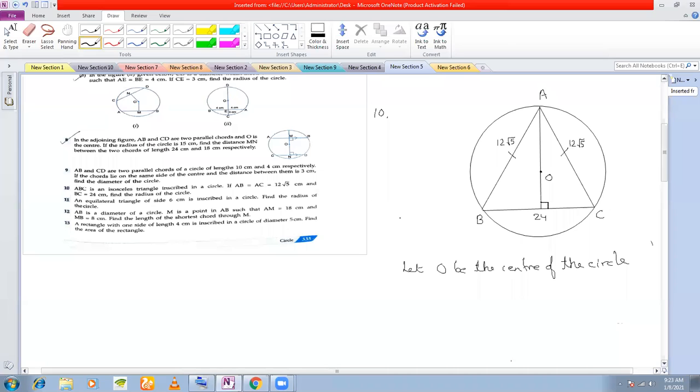If I draw a perpendicular from A on the side BC of the triangle, will it pass through O? Or why not? Yes, sir. Why shouldn't it look like this?